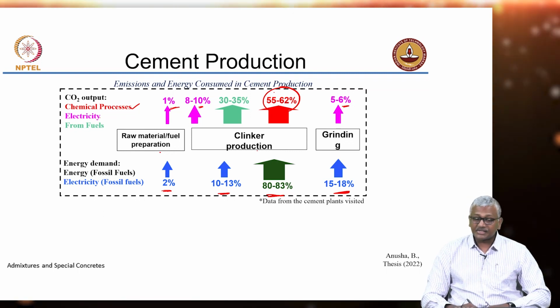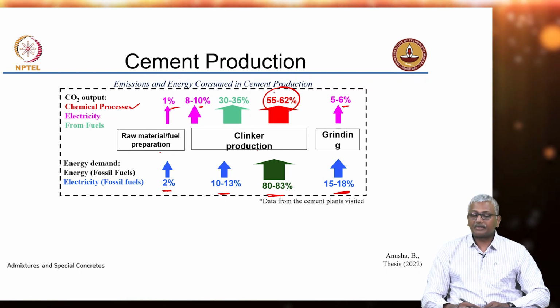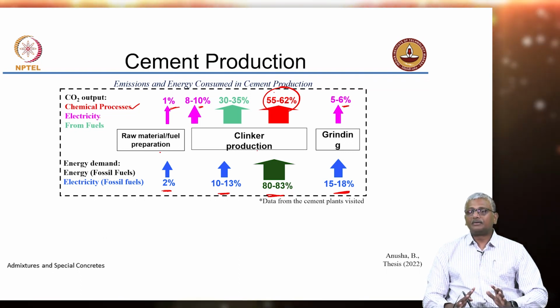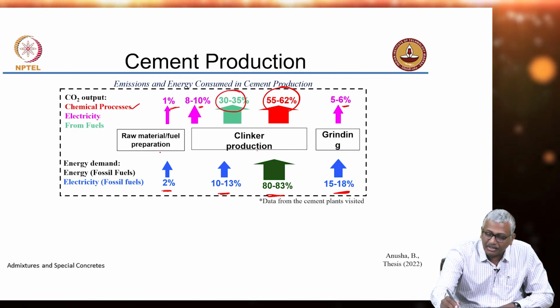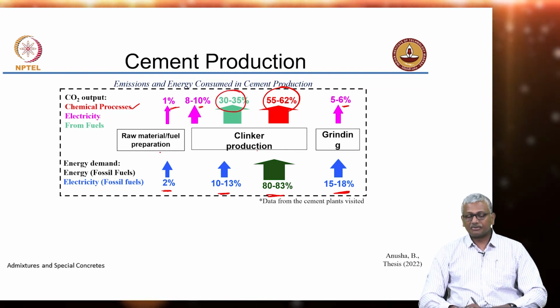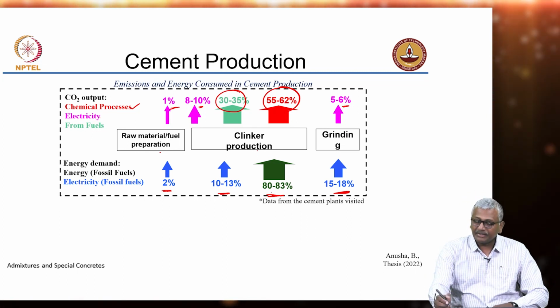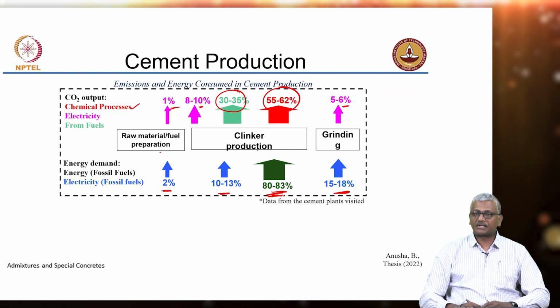So 55 to 62% of the CO2 output is just coming out from the chemical process involved in clinker production. But what you can have control of is this fuel related CO2 output, that is about 30 to 35%, given that you have a lot of carbon or coal bearing sources that are getting fed in.